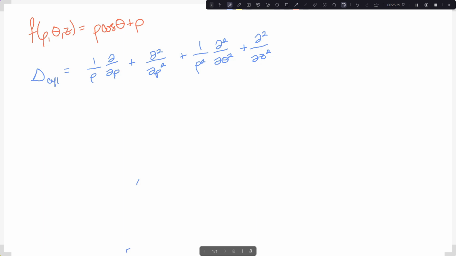So if I'm calculating the Laplacian in cylindrical coordinates of f, I'm going to take 1 over rho partial rho, and that gives me 1 over rho times cosine theta plus 1.